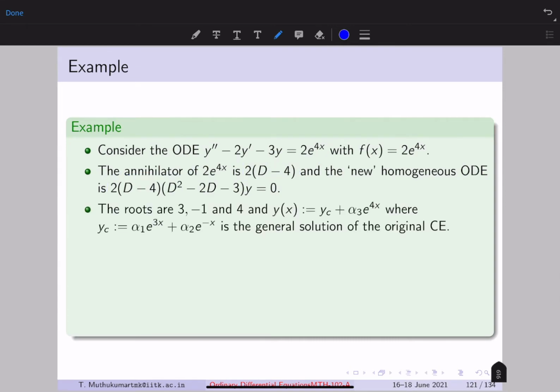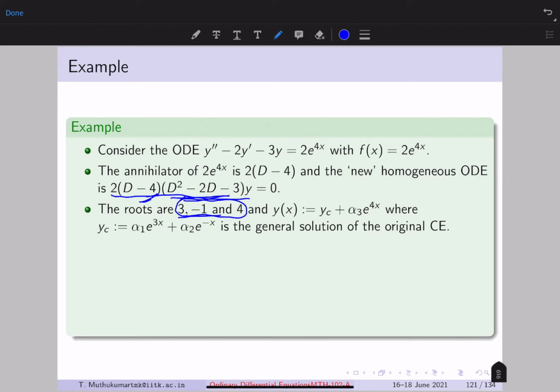If you look at the roots of the corresponding characteristic equation of this constant coefficient ODE, you will see there are 3 roots, right? 4 is the root from here, and this second order ODE will give you 3 and minus 1. So you have these 3 roots, 3, minus 1 and 4, and these are all distinct roots, right?